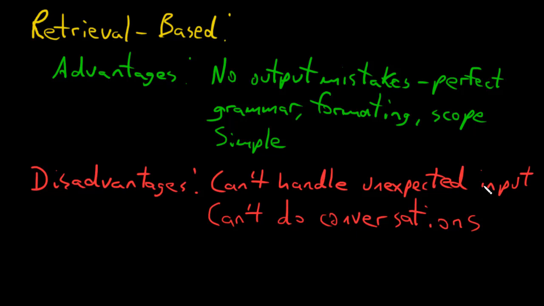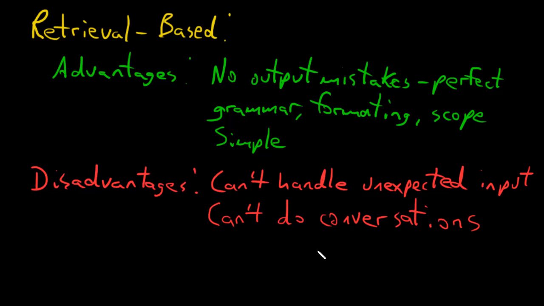Or what is the meaning of life? All of that you could care less about, so you just default to an I didn't understand that. So retrieval-based are king right now for chatbots. It's going to be, I think, a long time before we get generative chatbots used by companies. So that was the retrieval-based.